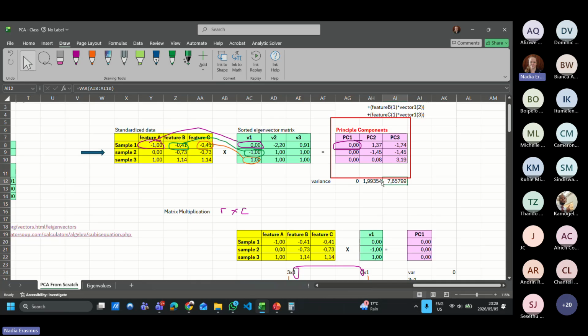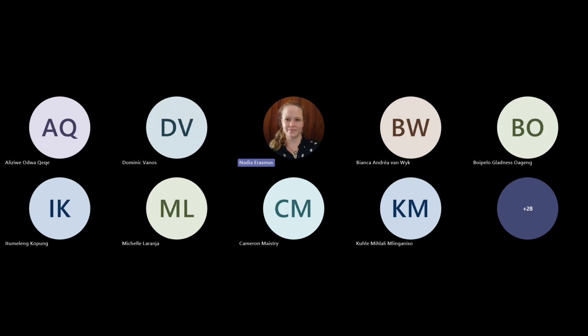I just need to search for that quickly. I have a lot of tabs open, guys.